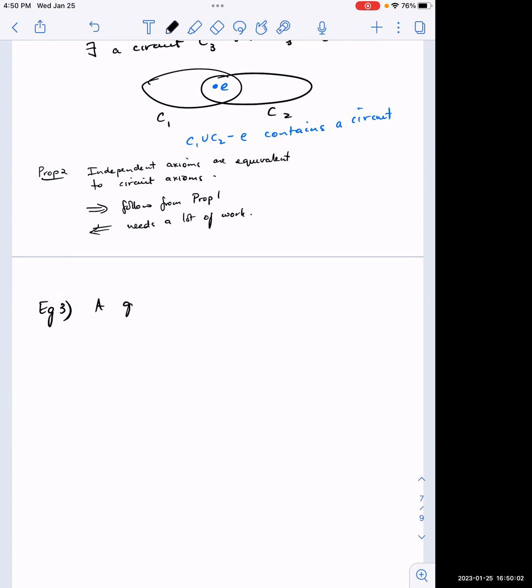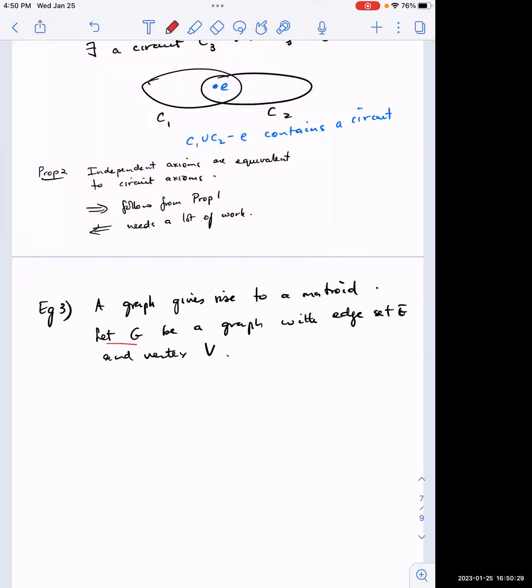A graph gives rise to a matroid. Now, let G be a graph with edge set E and vertex set V. And then just forget about the vertex set.